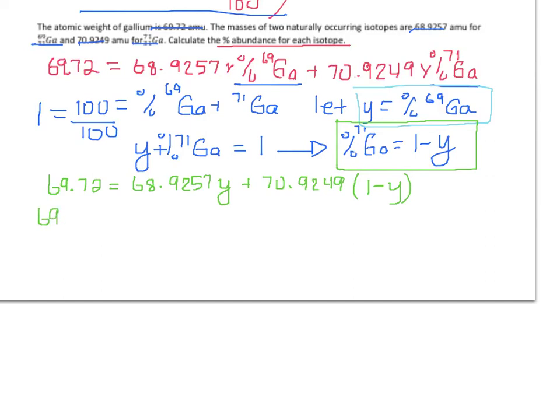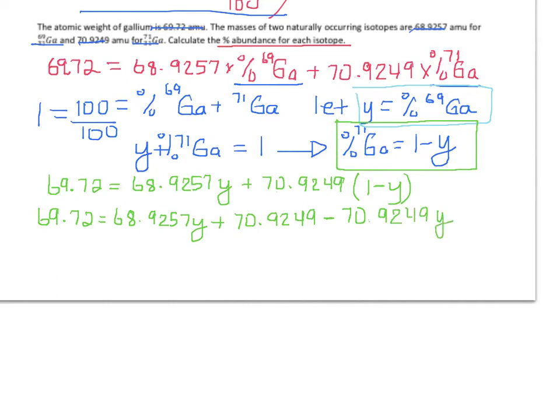So we expand this. 69.72 is equal to 68.9257y plus 70.9249 times 1, which gives us 70.9249, minus 70.9249y, since it's negative y, that's how we get the minus sign. Now you remember algebra?